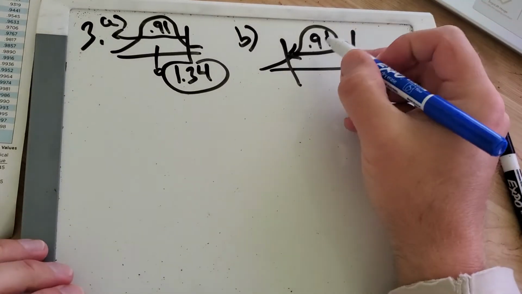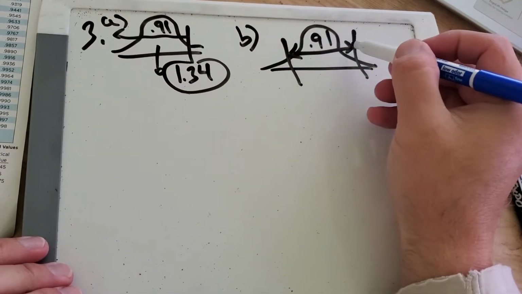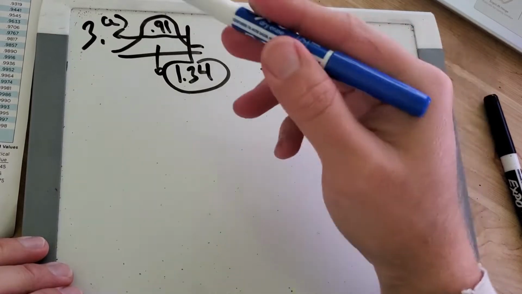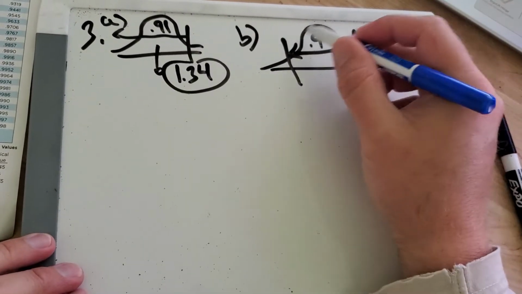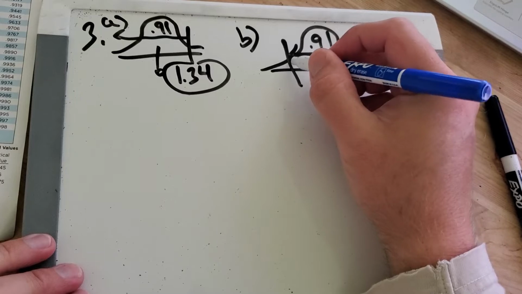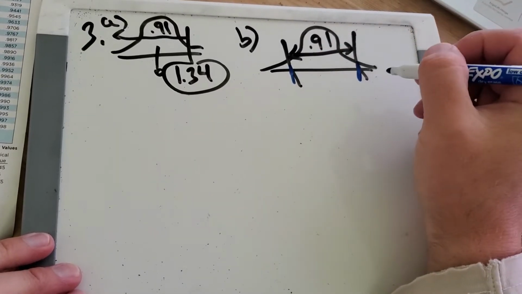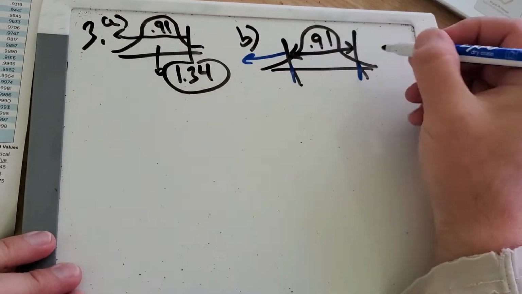The z-score chart can only handle areas that are below a z-score. Now I want this z-score and this z-score. What area is below this one?